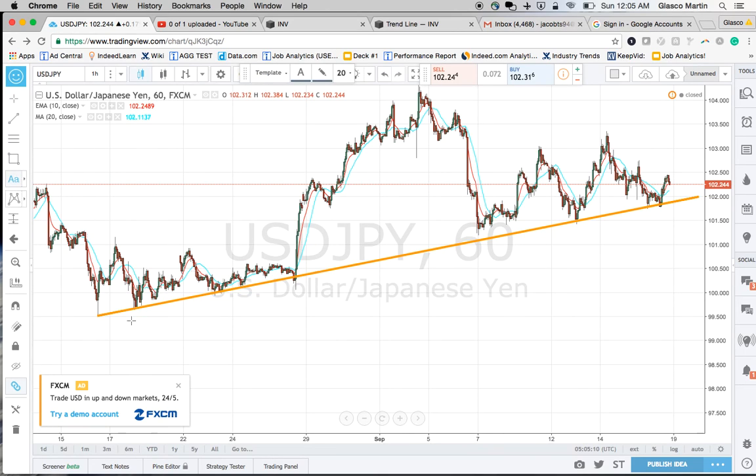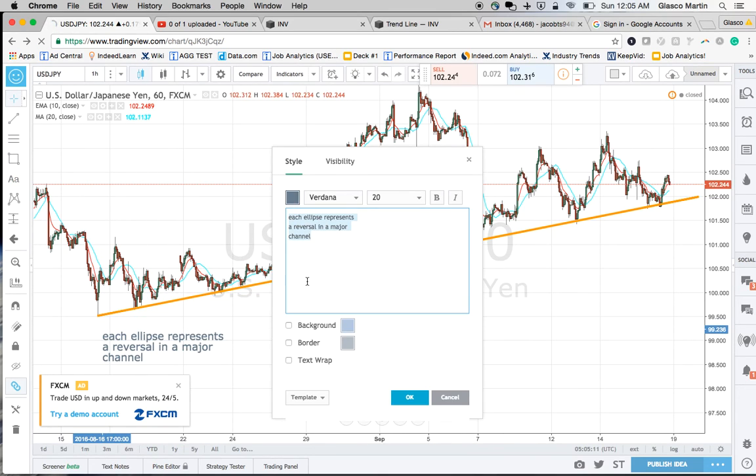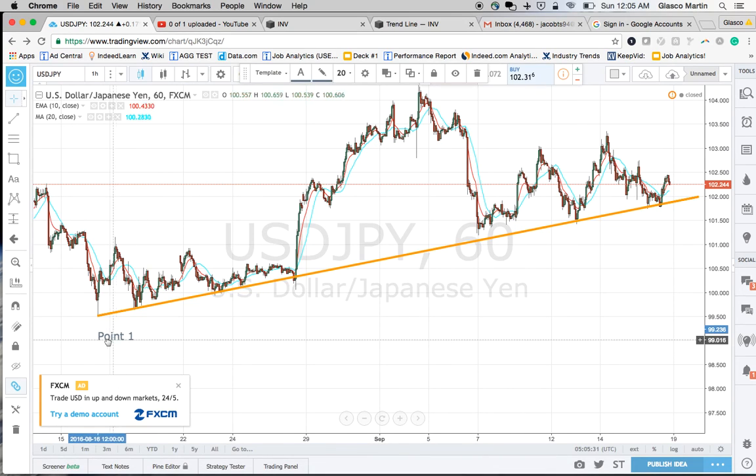While I'm doing this, just remember that each time it hits the trend, the weaker it gets. So if it starts hitting like 5, 6, 10 times, the weaker it's going to get. So this will be point one. Point one is right here.